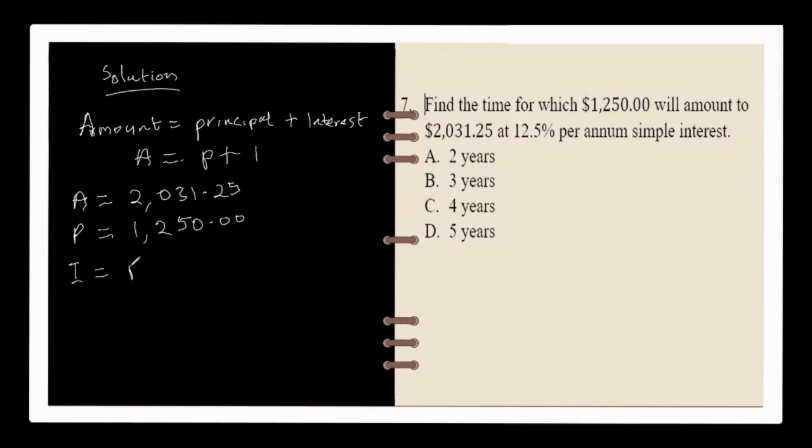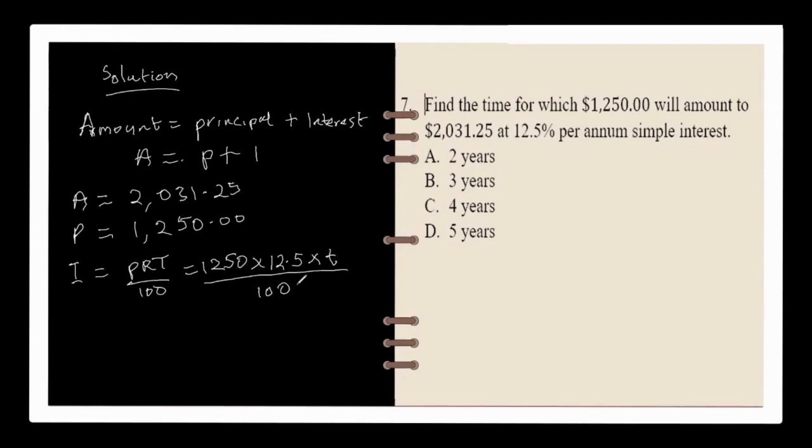Whereas the interest here is actually principal times rate times time over 100, which will give us 1,250 times, okay, we don't know the time. They ask us to find the time, so we don't know the time. The rate is 12.5 times, we put time, all over 100.